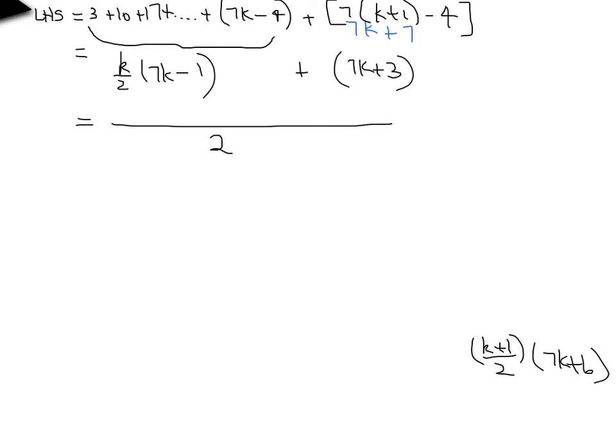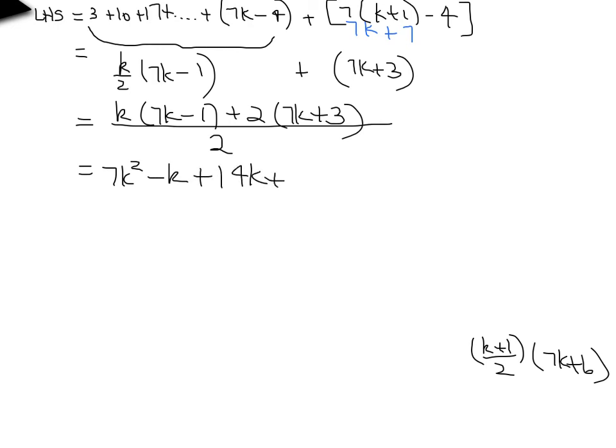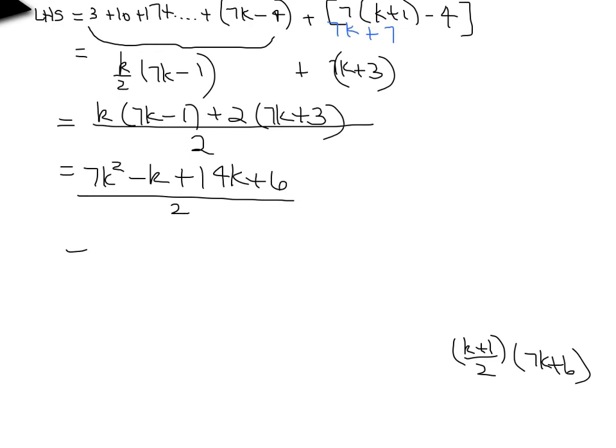So a common denominator of 2 gives us k, 7k minus 1, plus 2 outside of 7k plus 3. Okay, so it's 7k squared minus k plus 14k plus 6 all over 2, which equals 7k squared plus 13k plus 6 all over 2.